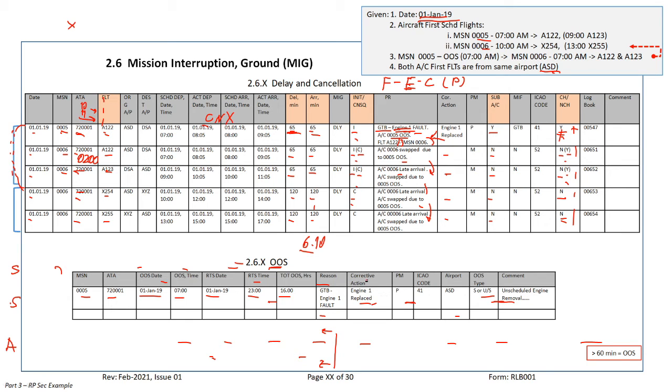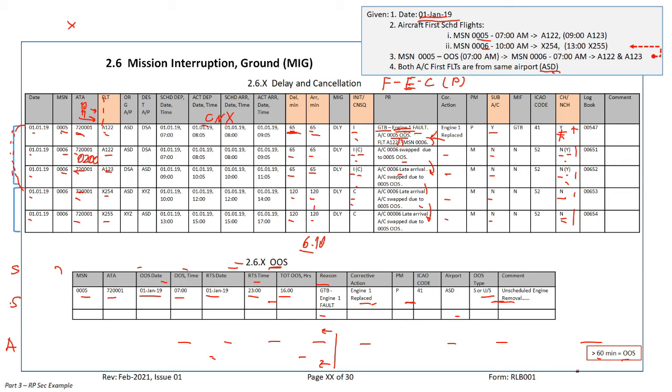Auto service is, from a data processing perspective, even more interesting than delay and cancellation, and I'm going to give you a very small interesting example. As you can see here, I put more than 60 minutes equals auto service, because as we said, we are setting our processing rules based on our experience. At the end of the day, we want this aircraft to fly, not to be on the ground.